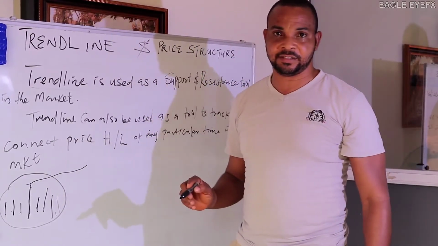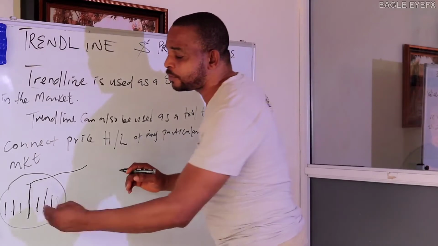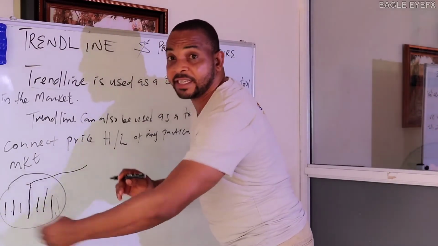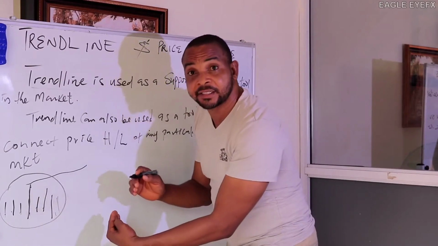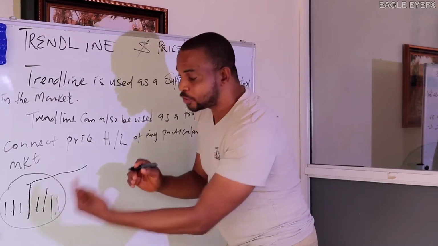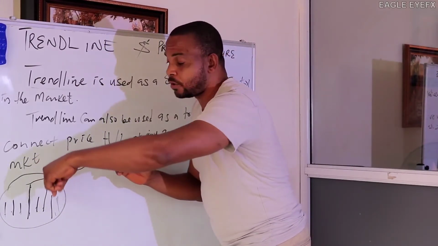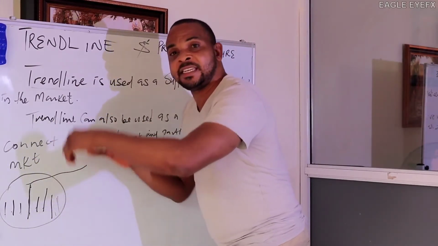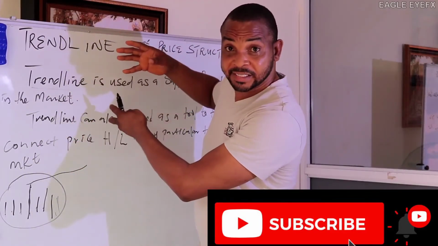Place it on it. But before a trend line can be valid, it must have a minimum of 2 to 3 candles on the left and at the same time on the right. So the one that is higher among them, that is where you are going to put your trend line in an upward trend.